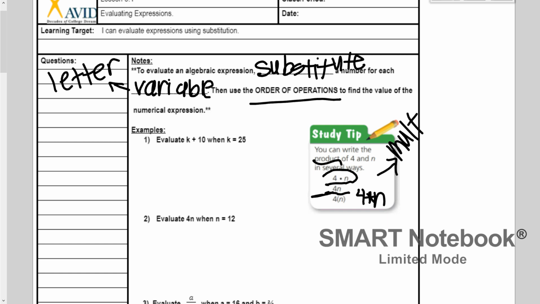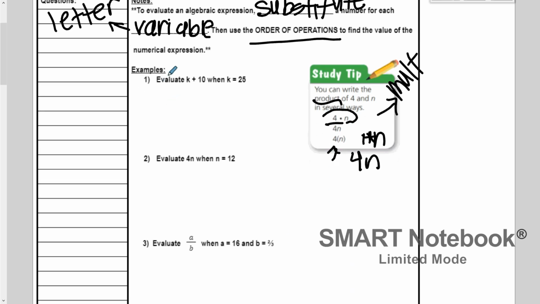A number next to a parentheses without any symbol, add, subtract, multiply, or divide, always means multiply too. Just keep that in mind. The main thing we're going to be seeing right now is that 4n, a 4 next to an n, means 4 times n.